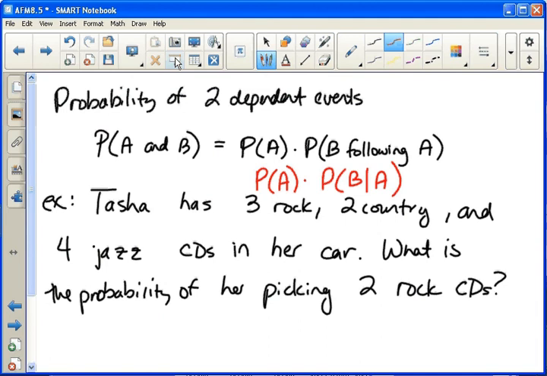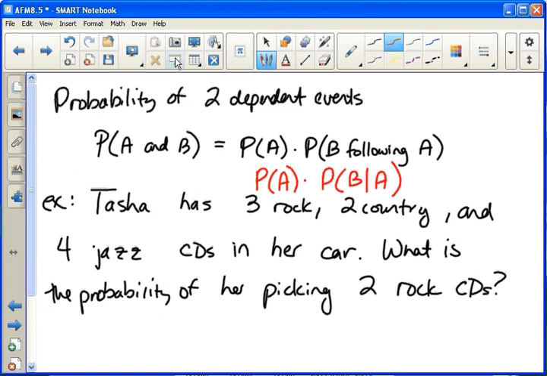So these events do affect each other, because when she goes in for the first time and chooses a CD, there's a total of 9 CDs, 3 rock, 2 country, and 4 jazz. But as soon as she picks one and goes back to pick the second one, there are no longer 9 CDs. There's only 8. So she has affected the probability of that second pick.